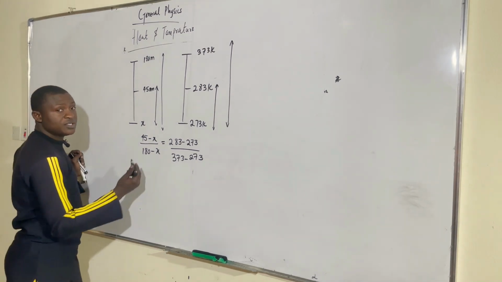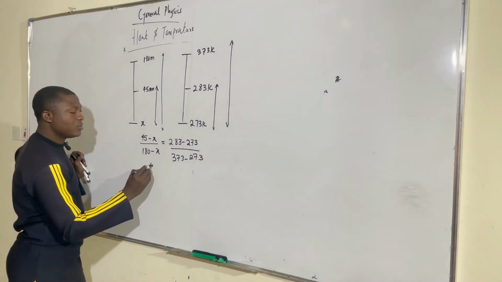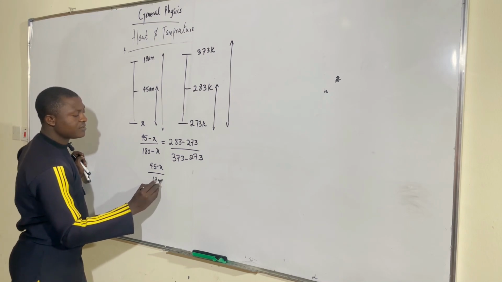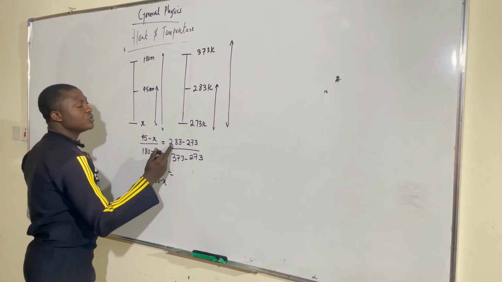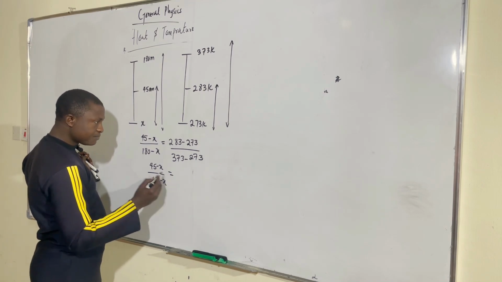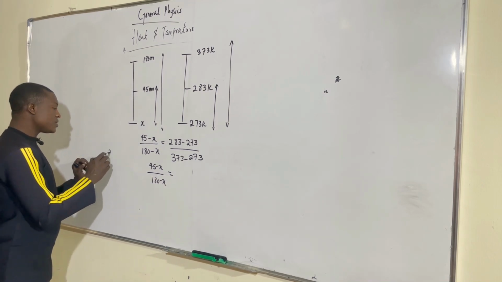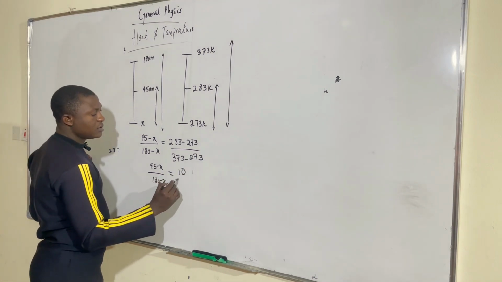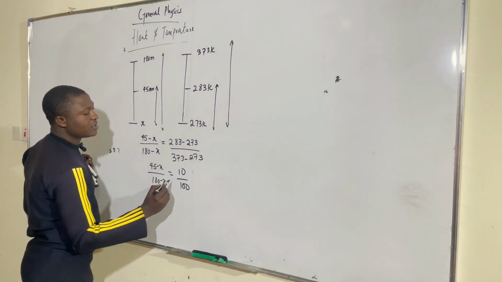So here, this is the number, this is the number, we can also write that one. And we have 45 minus x over 180 minus x is equal to 283 minus 273. I think there we are going to have 10, right? That's going to be 10. Then here we are going to have it as 100.